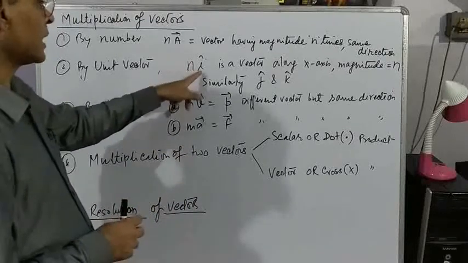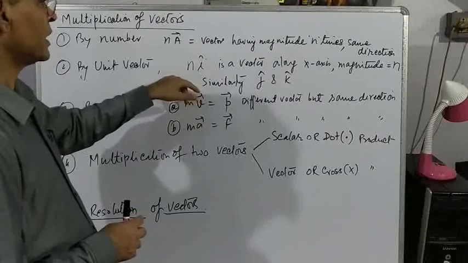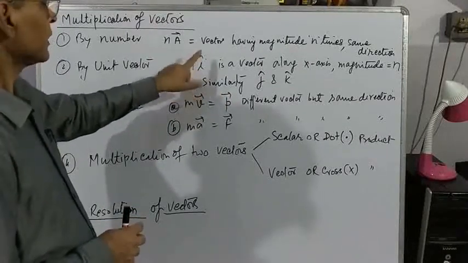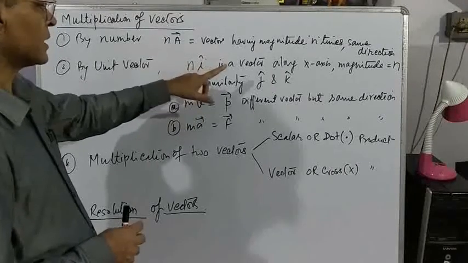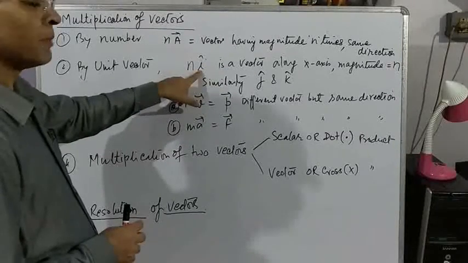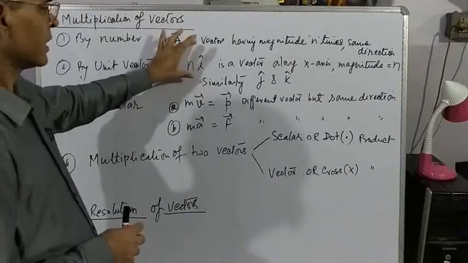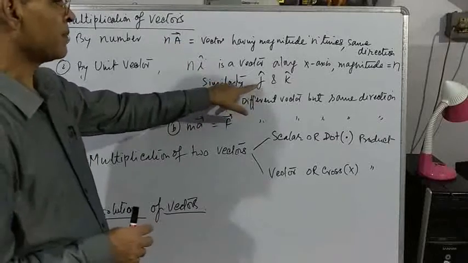Then n i cap will represent that vector quantity along the x-axis, because it is understood that unit vector i is along the x-axis. So by multiplying i cap, the magnitude remains the same but direction comes. Similarly, you can introduce j cap and k cap.